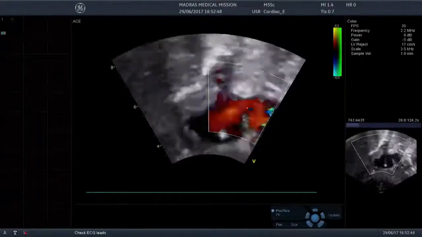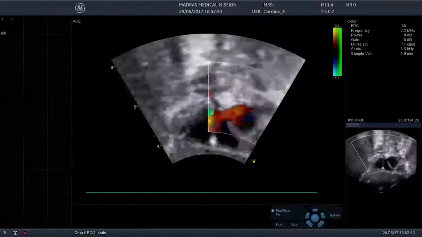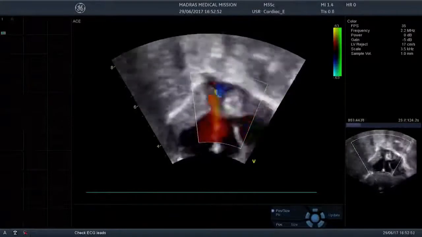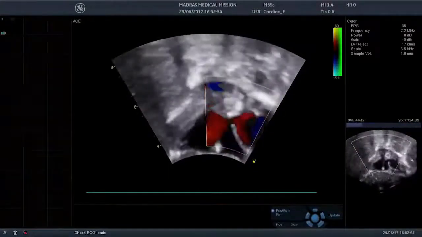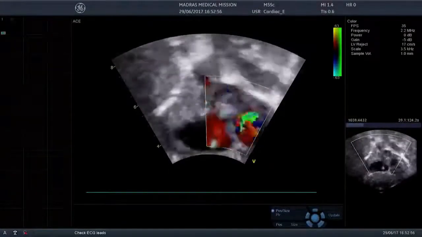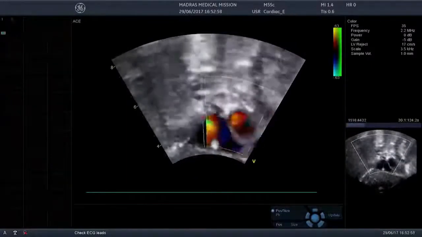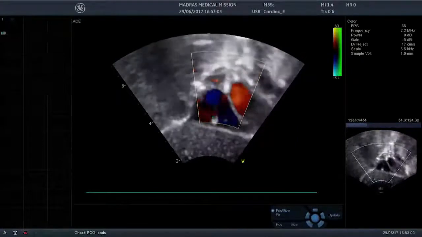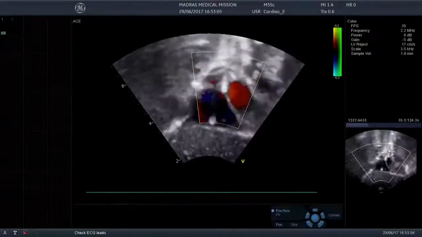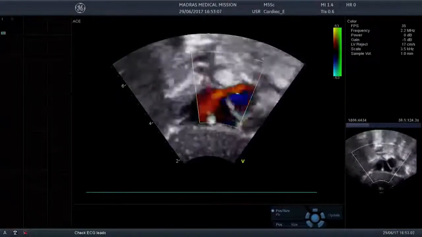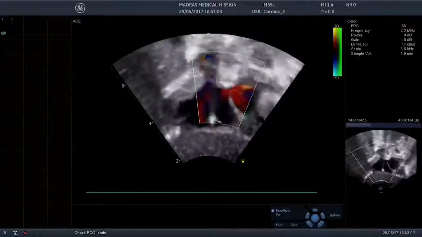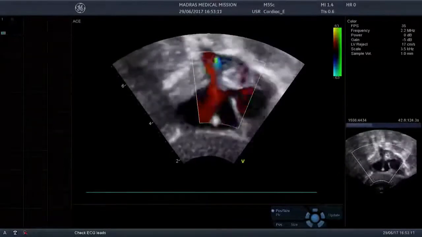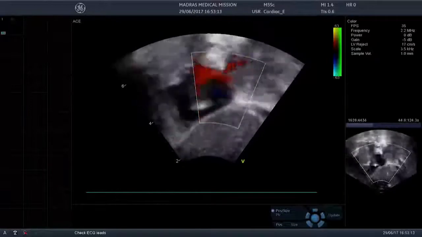We can see the patulous PFO, or maybe a secundum atrial septal defect which is flowing left to right. That is the right upper pulmonary vein. The right upper pulmonary vein flows are also good. Anatomically, it seems to be in an acceptable position.